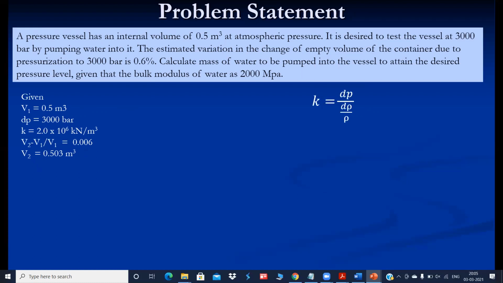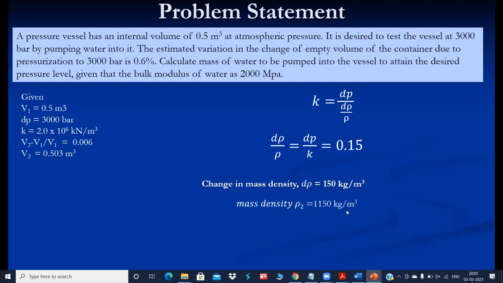So we can first calculate what should be the change in density. So K is equal to dP upon d rho by rho because we have to calculate the density part. So change in density to the original density is this much. So change in density is 150. So this is dP.